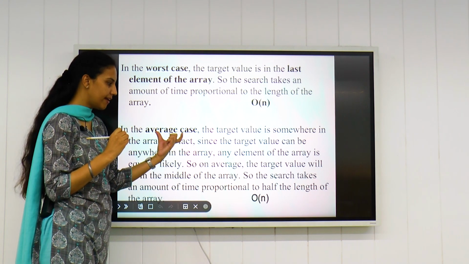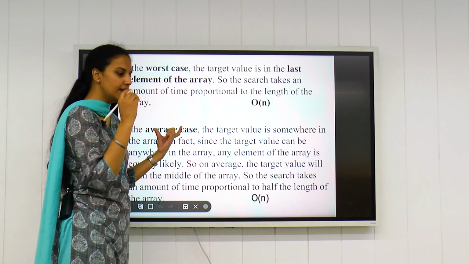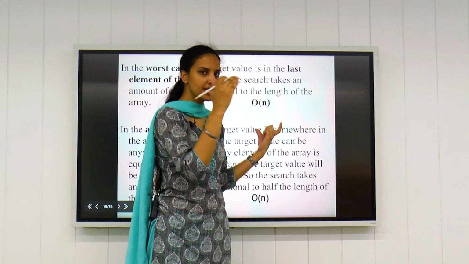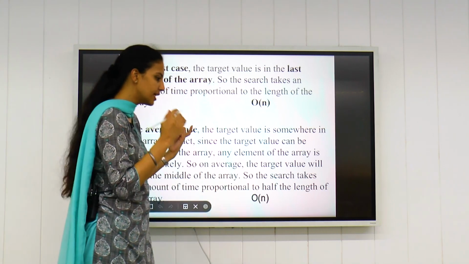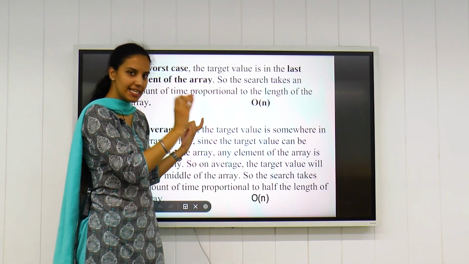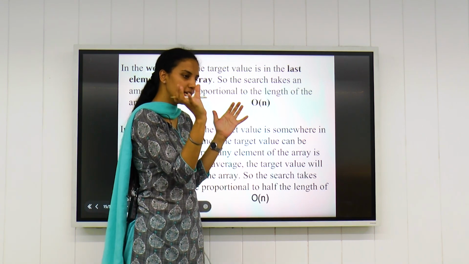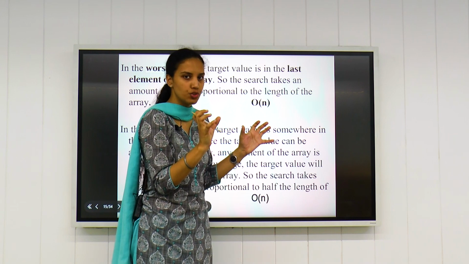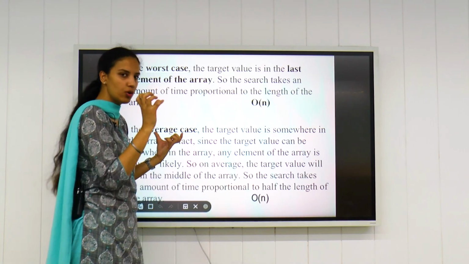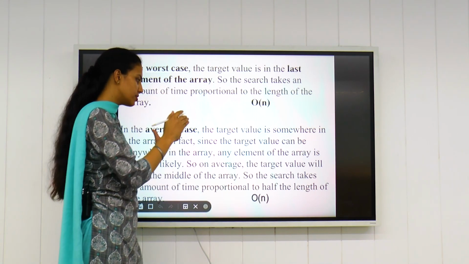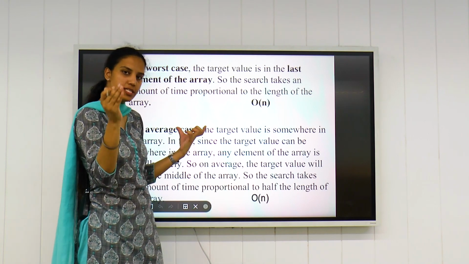Next is the average case. Average case is in between best case and worst case. That means neither our element lies at the first position nor at the last position. It lies somewhere in between the first and last position, that is in the middle way, or it can be the next element to the first element, or the second last element.